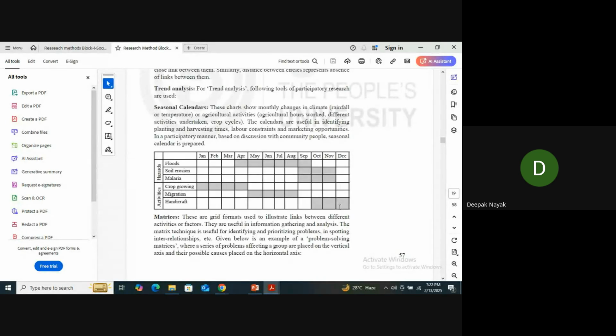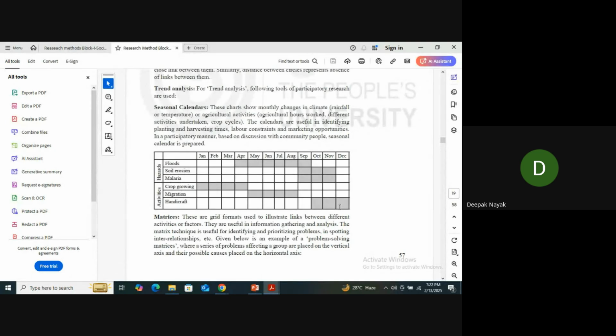This calendar can be used for work activities and their production, magnitude of production, in what month they have crop yielding, and in what month they have different problems like flood.